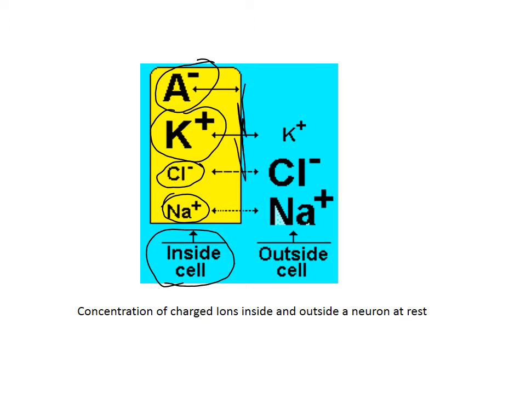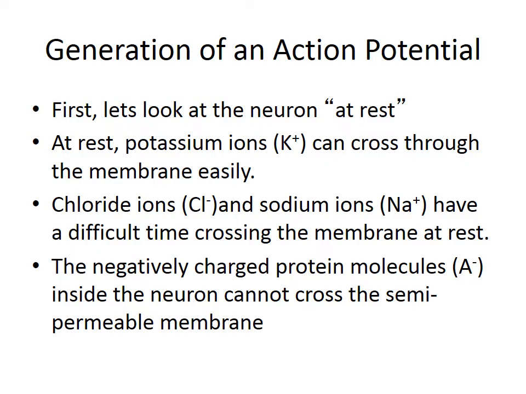Outside the cell, in the interstitial fluid, there's an awful lot of salt, or sodium chloride, but not so much potassium. We already know this, and this is at rest. I'm just going step by step. Then we're going to look at it in a little more detail before I start generating electricity.